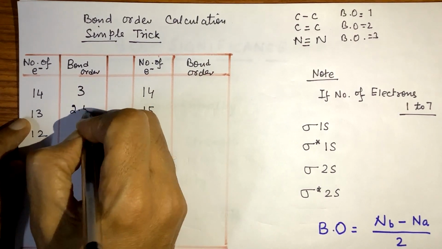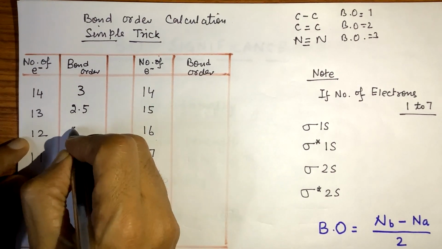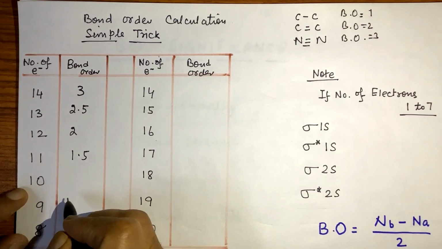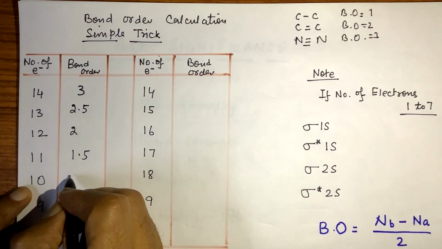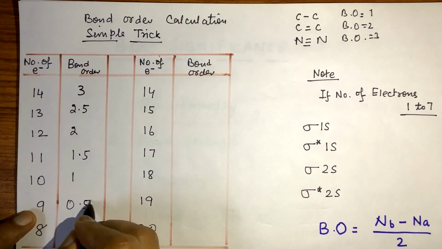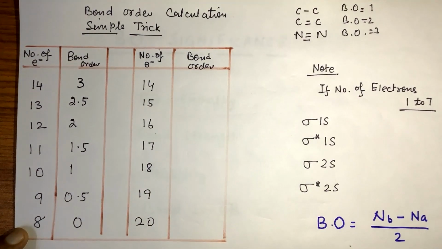For 13 it is 2.5. Then for 12 electrons, it is 2. For 11, it is 1.5. And again for 10, we decrease it by 0.5 and it becomes 1. For 9, it is 0.5. And for 8, it is 0.